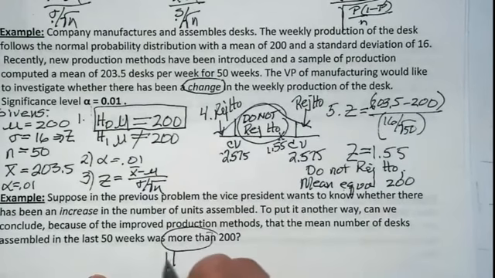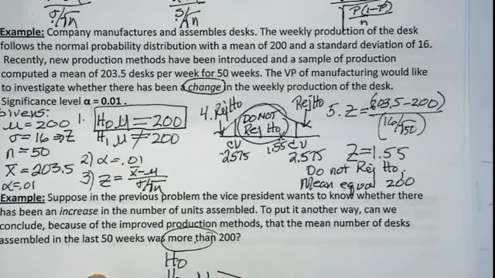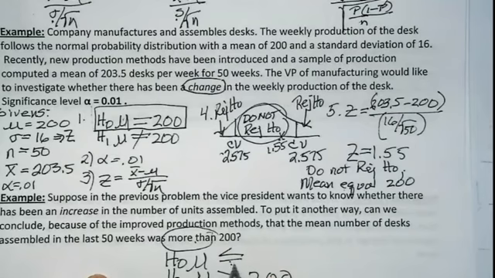Your null hypothesis, your alternate hypothesis. More than. The sign for more than is a greater than 200. Then your null hypothesis always goes in the other direction and always has an equal sign.